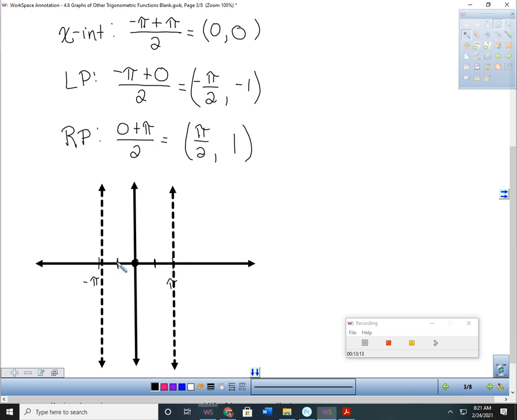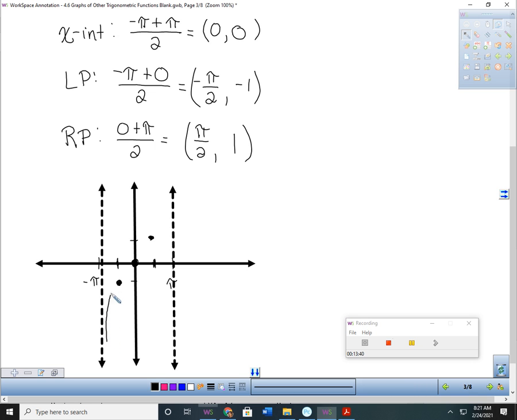So this would represent the negative pi over 2, and then I'm going to drop down to negative 1 and put my point. My right side point, I would go to positive pi over 2 and go up to 1. And then once I've got it all on there, I'm ready to draw it in.